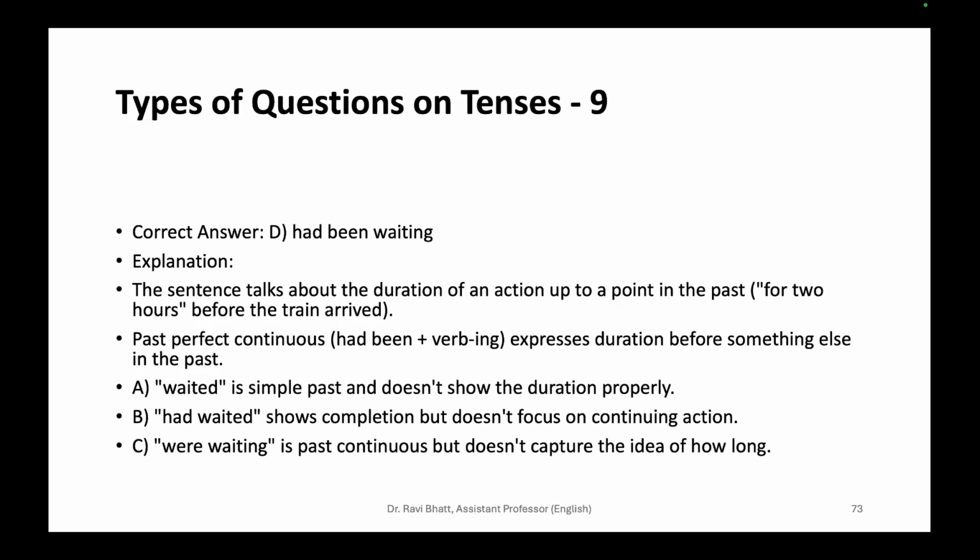For example, I had been waiting for the train already for 2 hours. All right. Now, why other options won't fit in? Because waited is simple past and doesn't show the duration properly. Had waited shows completion but doesn't focus on the continuing action. Whereas were waiting is past continuous but doesn't capture the idea of how long.